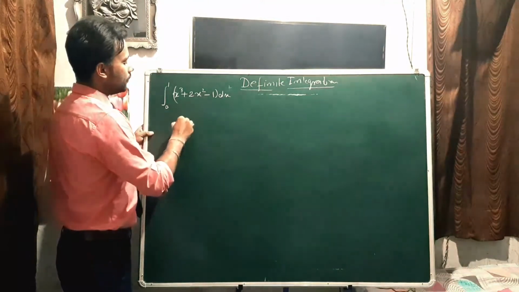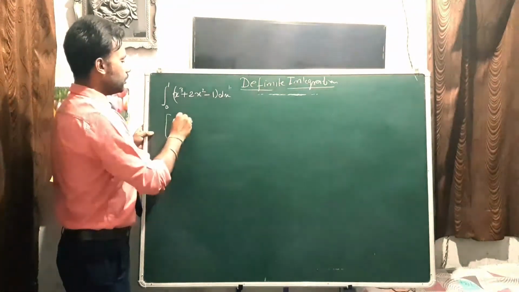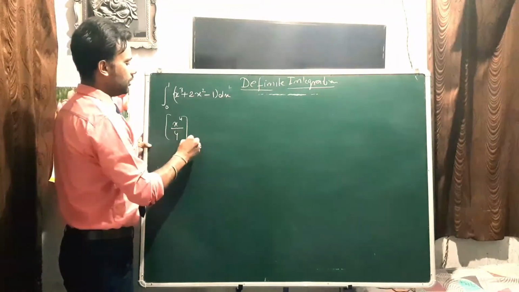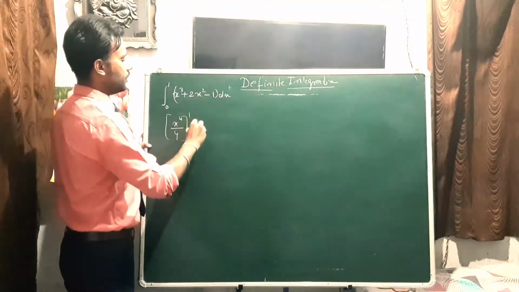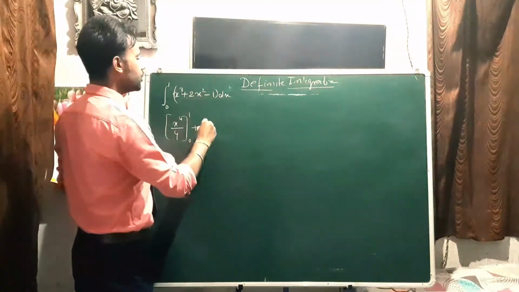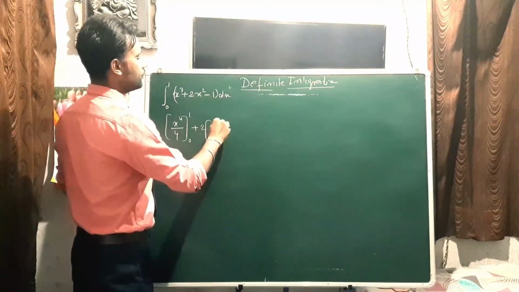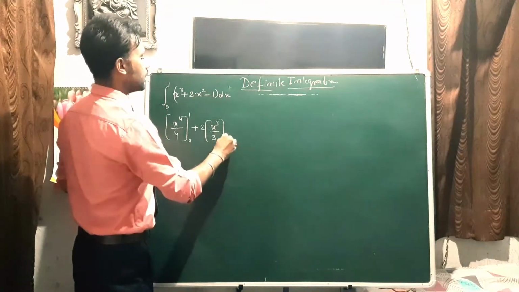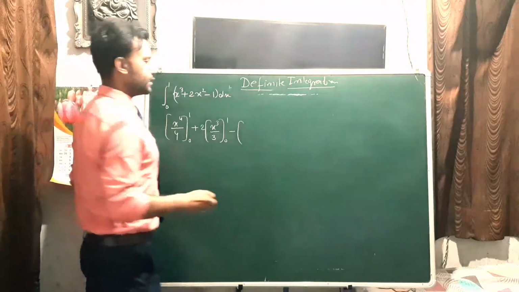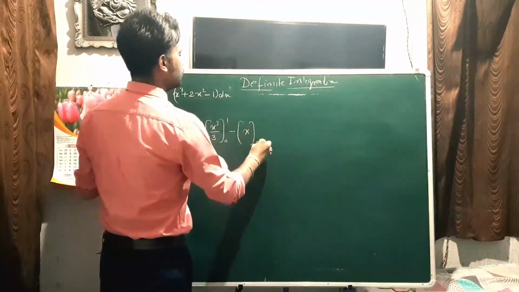Now we have to apply the limit to every function. Limits are from 0 to 1, plus 2 is obviously a constant, so it will become x cube by 3. Limits are from 0 to 1, minus 1 dx will become x, limits from 0 to 1.